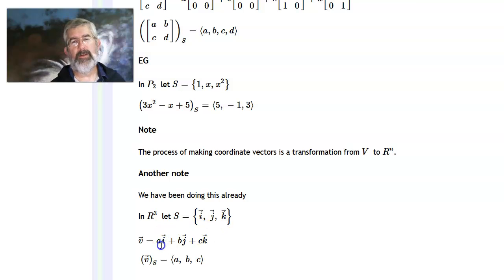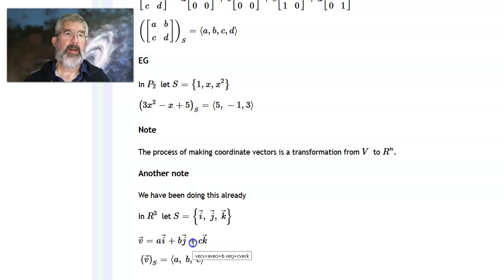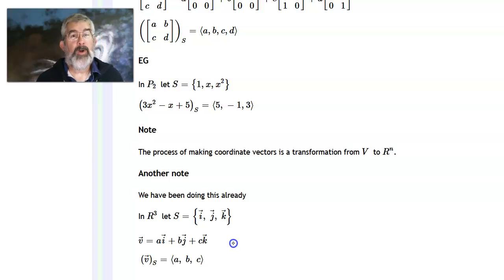And so you have a vector, ai plus bj plus ck, and me as a mathematician, I would much rather write it as a comma b comma c, as a list of numbers rather than as a linear combination of basis vectors. It's the same process. You have a vector, you can write it as a linear combination of basis vectors, or you can write it as a list of the corresponding coefficients.